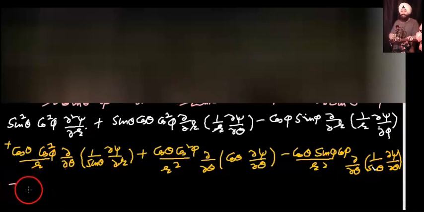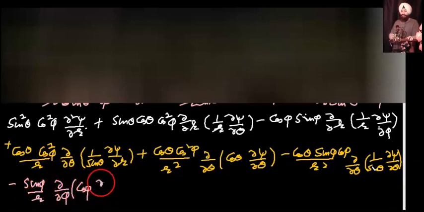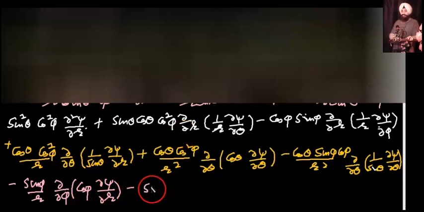So lastly, we are having the operator with respect to phi. So phi terms will be operated now. So total terms are 9.